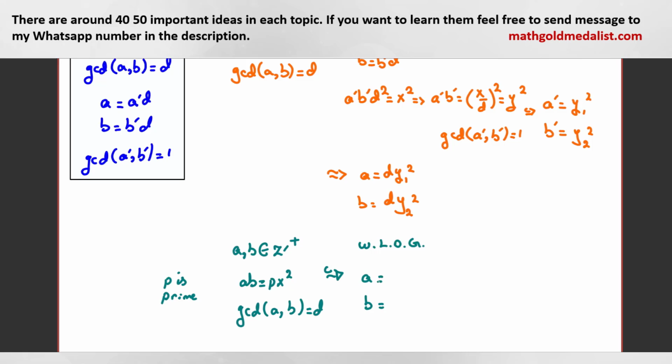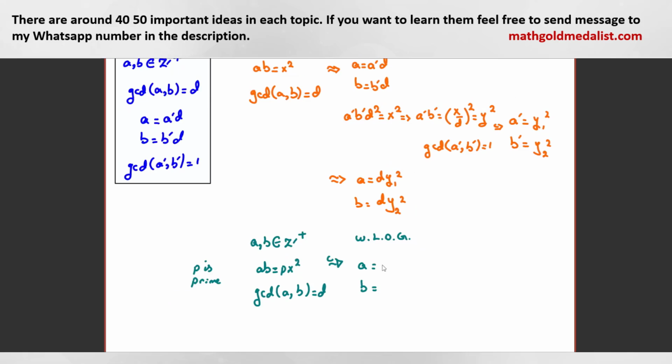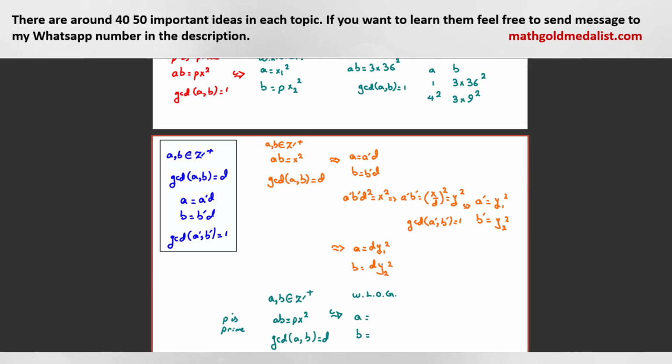Yes, we can conclude a prime, b prime, then a and b. Can you guess a and b will be what? A is d y1 squared, b is d times p times y2 squared. Only you should multiply by d, okay? But here I proved this as homework one, try to prove this, but it is similar, okay?